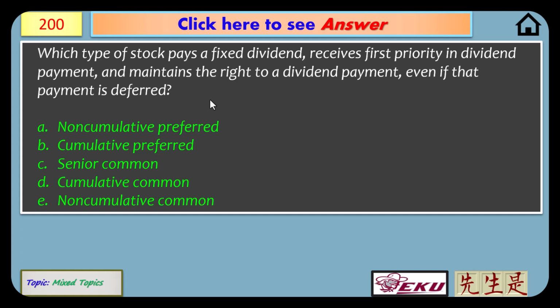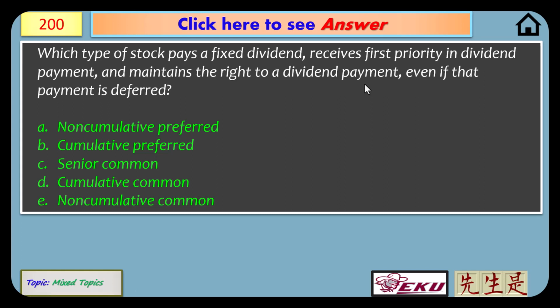With the cumulative, you also get whatever was missed in the past, without interest. So a stock that pays a fixed dividend, then you know that it's a preferred stock, receives first priority. In fact, those two tell you that it's a preferred stock and maintains the right to a dividend payment, even if that payment is deferred.